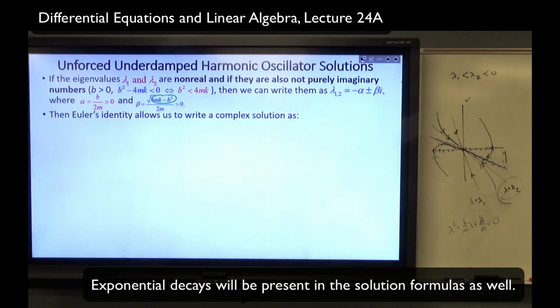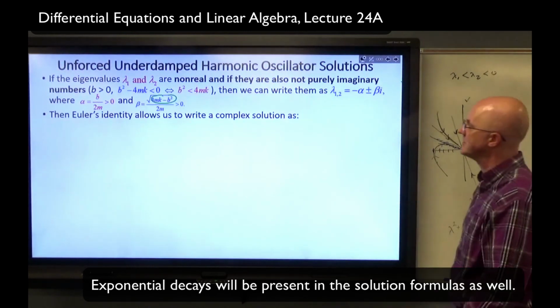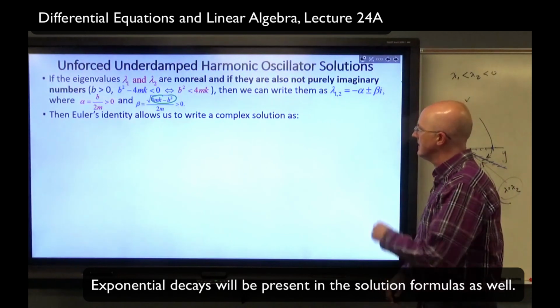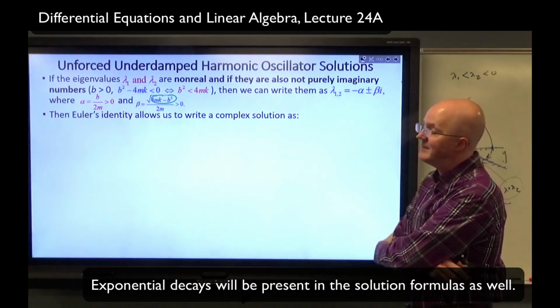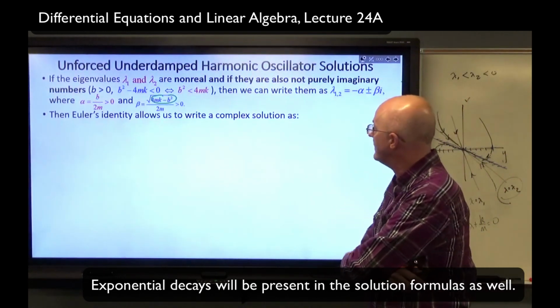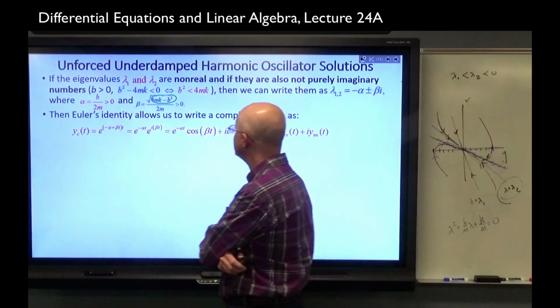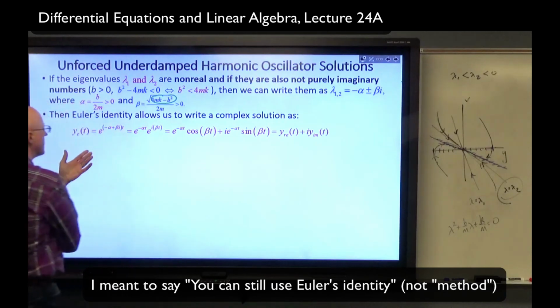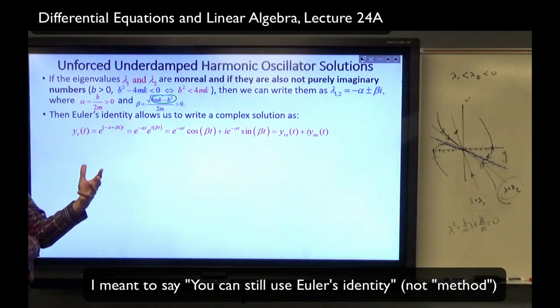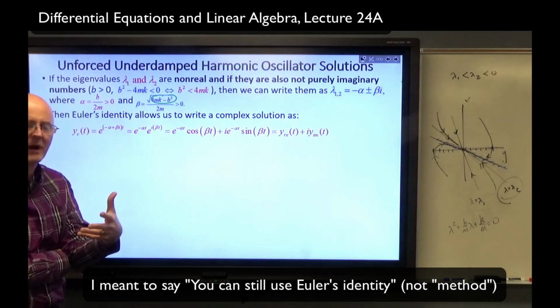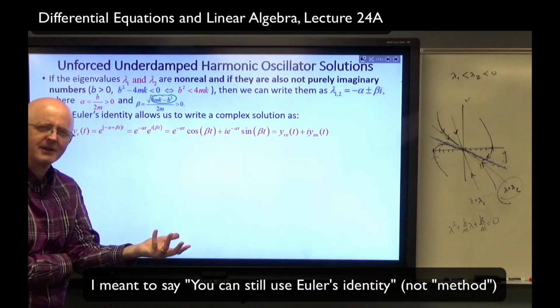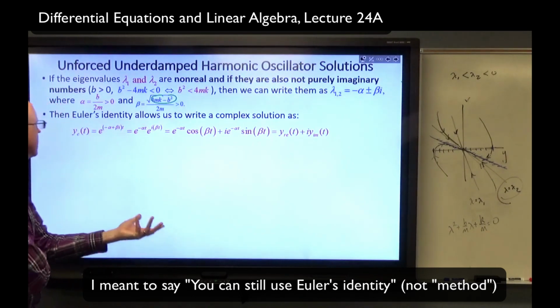Once again, Euler's identity comes into play as it did in lecture 23a. We did it with eigenvalues and eigenvectors in 23a. Now we're doing it with a scalar solution. You can still use Euler's method. You can still come up with a y_c function that's going to be a complex solution, algebraically speaking, of the differential equation, even though it's not clear how you would visualize such a thing.